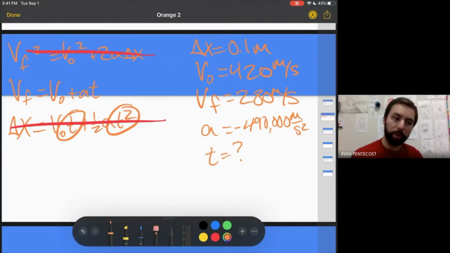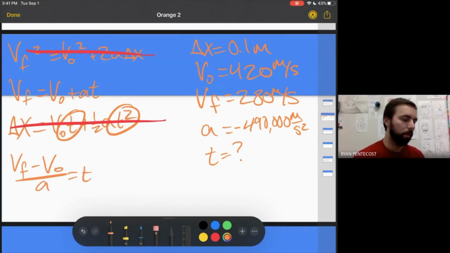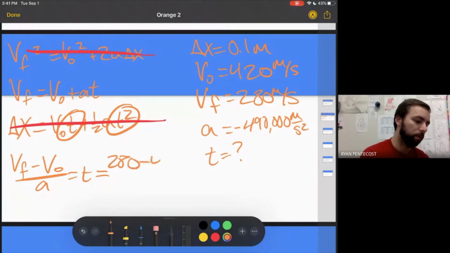So before we plug in any numbers, solve for T. Let's isolate it. You've got V final minus V naught, and you'll divide by your acceleration to get T. Okay, and then we will plug in our numbers. You've got 280 minus 420 all over negative 490,000.